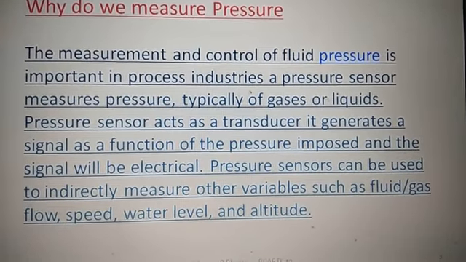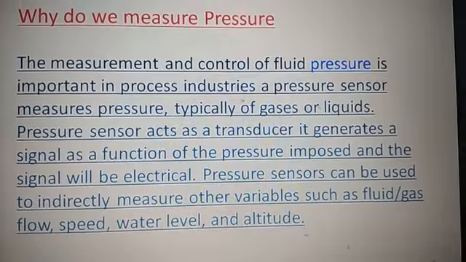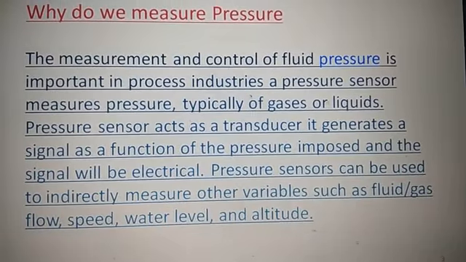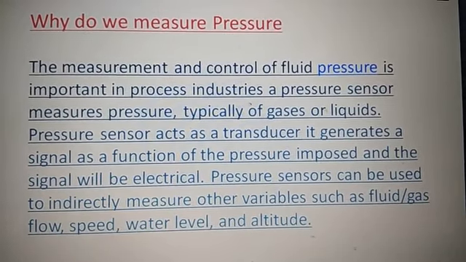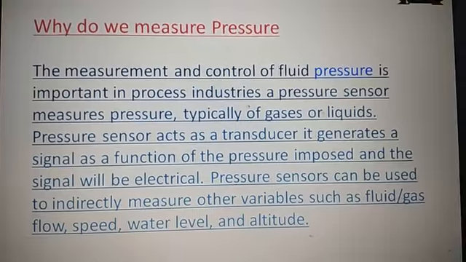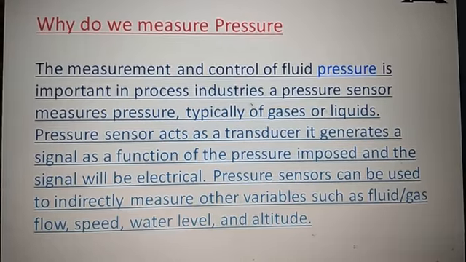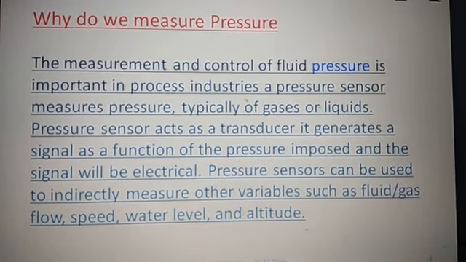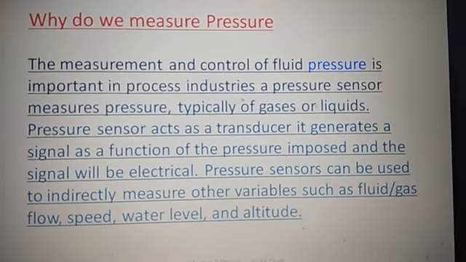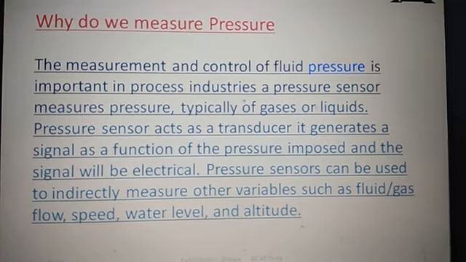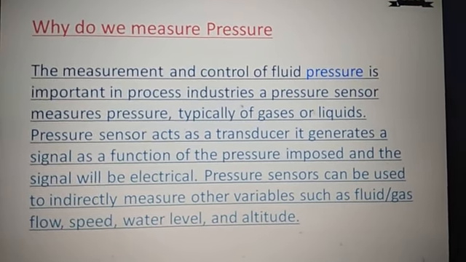It generates a signal as a function of the pressure imposed, and the signal will be electrical. Pressure sensors can be used to indirectly measure other variables such as fluid or gas flow, speed, water level and altitude, etc.